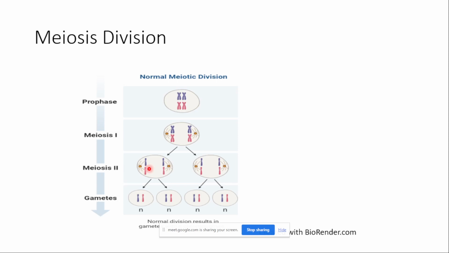So in meiosis 2 we find the haploid copy of the chromosome, because there is no homologous pair for this and no homologous pair for this. So in all the progeny we will find the haploid state. So this is the meiosis cell division. Does anyone have any doubt in this?